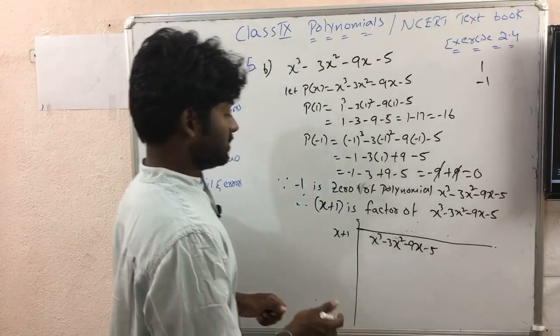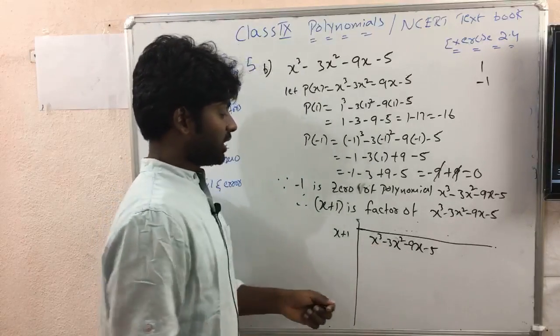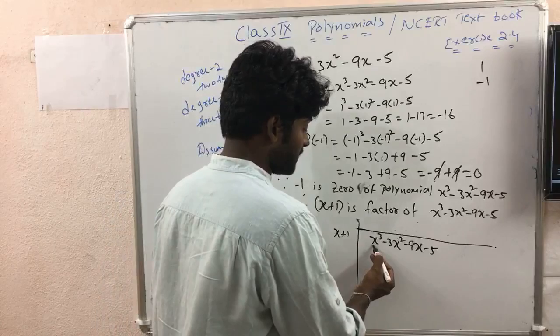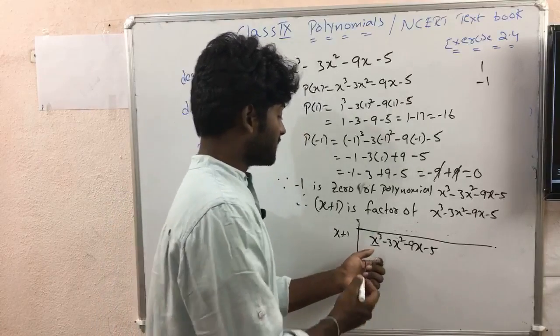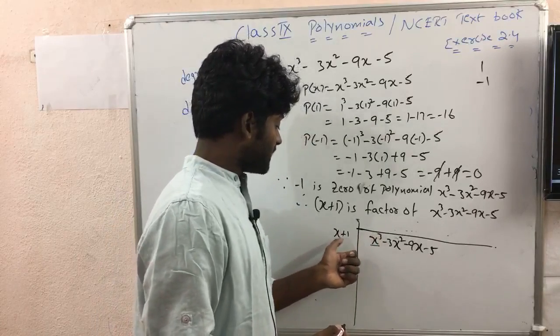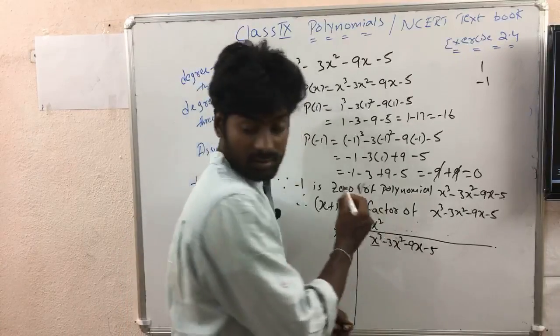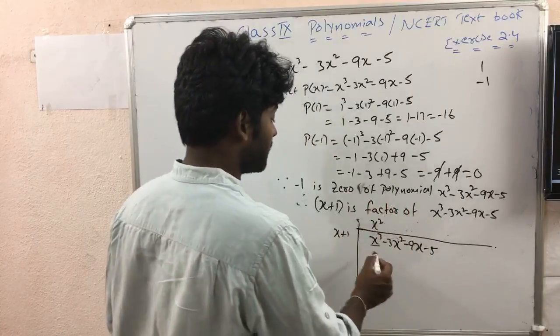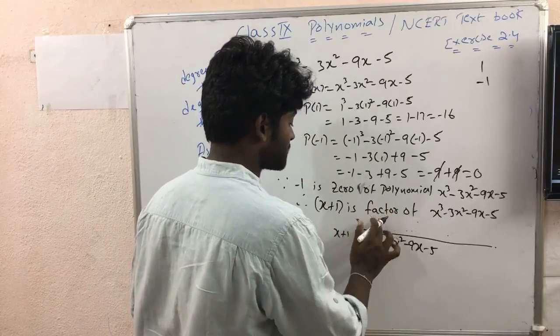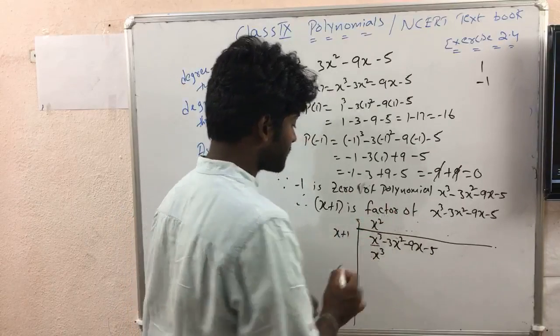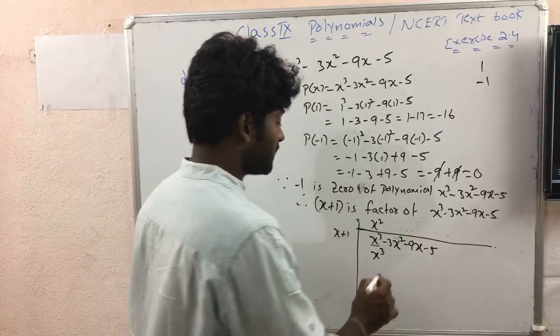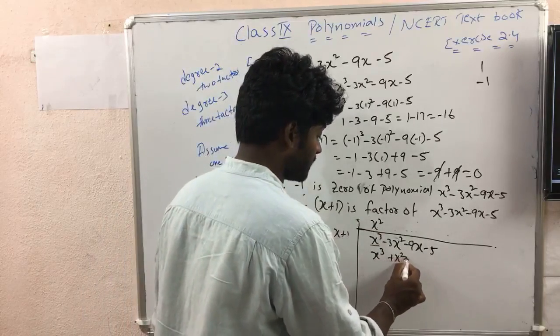Okay, see, in the first step you take the first term of the polynomial, which is x cube, and here we have x, so x should be multiplied with x square. You get x cube, x into x square gives x cube, plus 1 into x square gives x square.